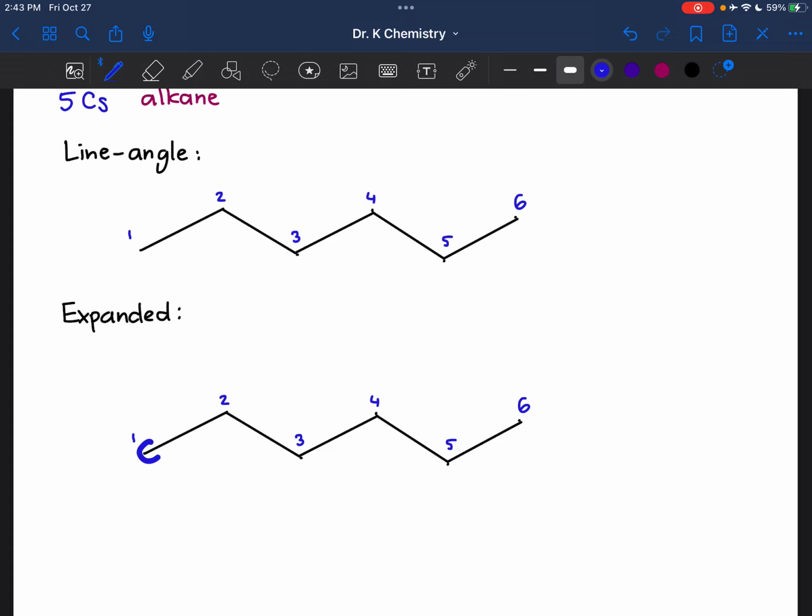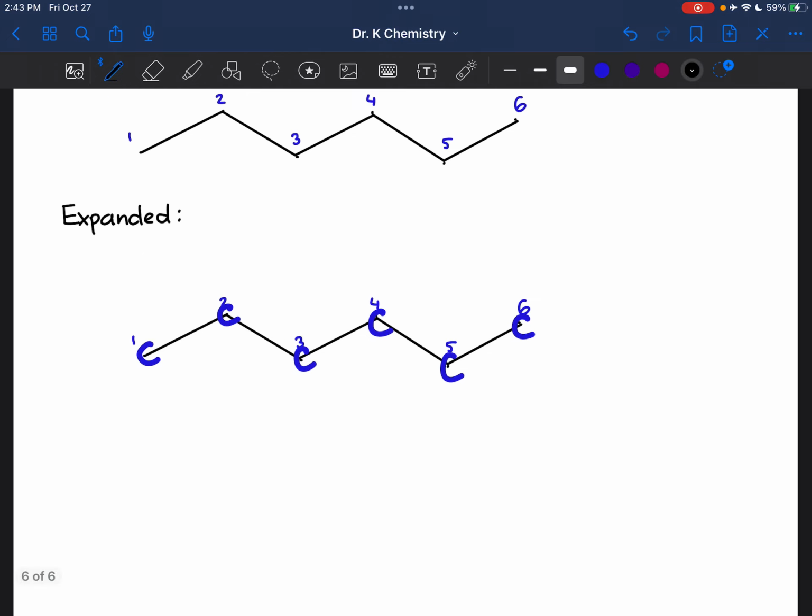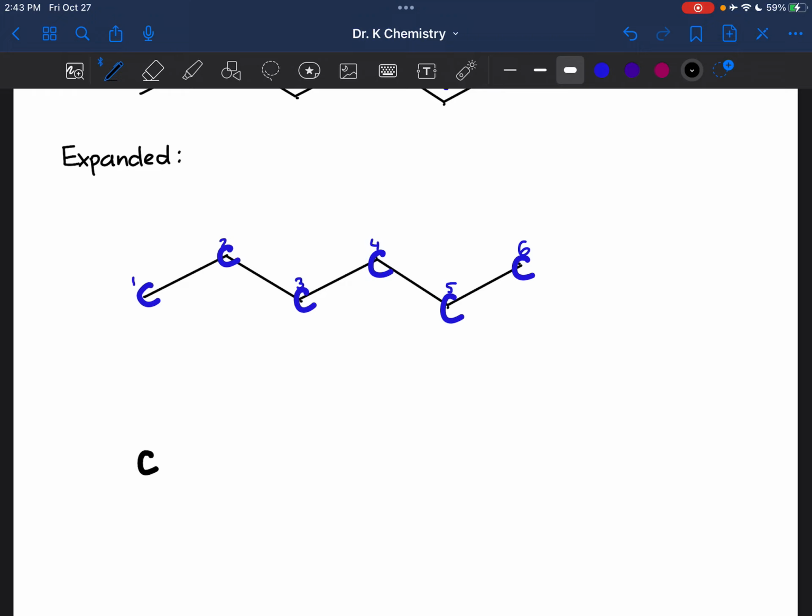So I'm going to doodle in carbons in all of the corners where they're supposed to be. Alternatively, if you don't like this zigzag pattern, you could just draw 6 carbons in a line and go from there. Okay, so let's continue with both.